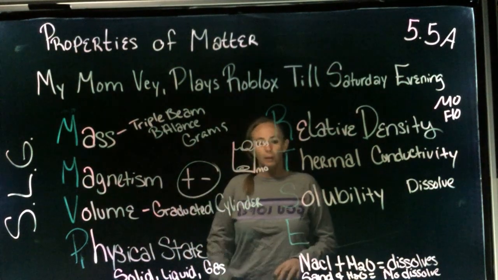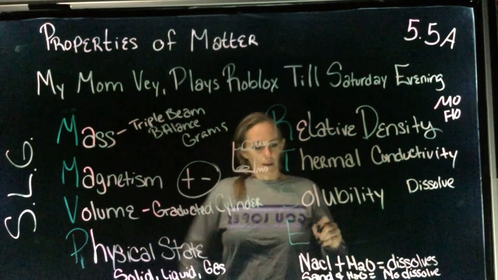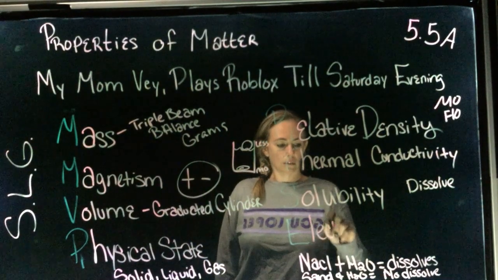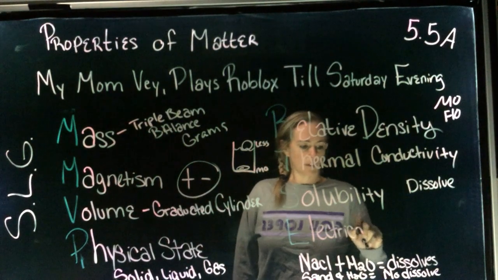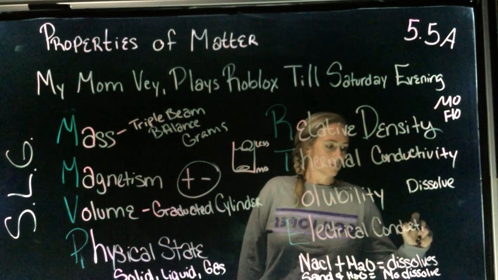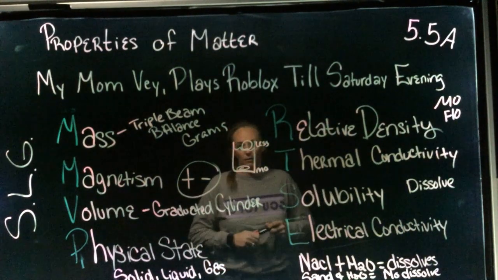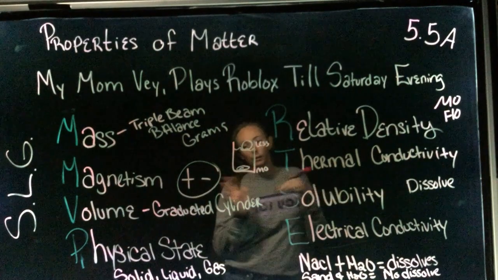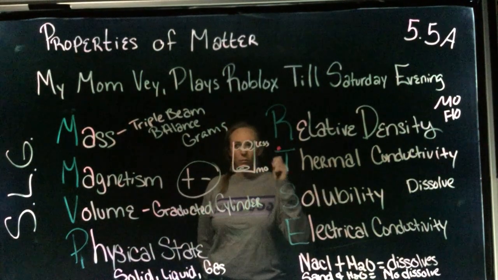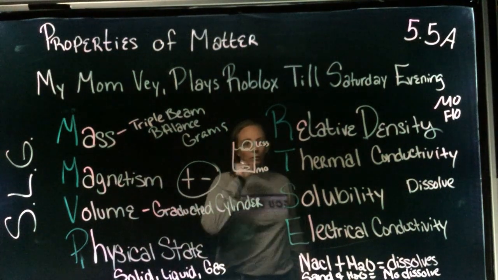All right. And last but not least, the E. What is the E for? Electrical conductivity. Same thing as the thermal, right? Either electricity can go through it or it can't. Can electricity go through rubber? No. Can electricity go through metal? Yes.